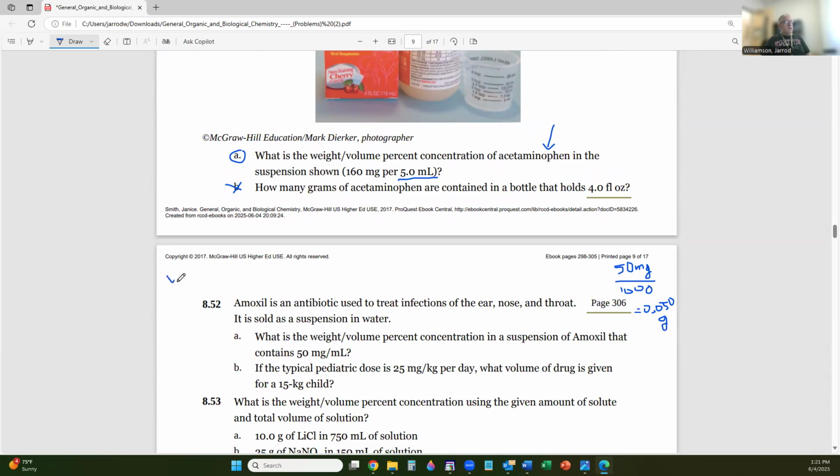So here, the weight volume percent will be 0.050. And when it says per milliliter, that means per 1 milliliter. Times 100 to turn it into percent. That's going to give me 5%.